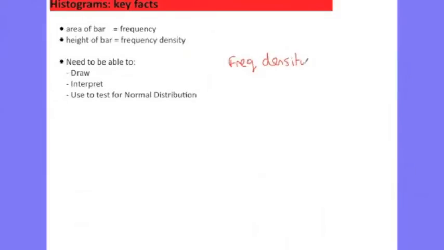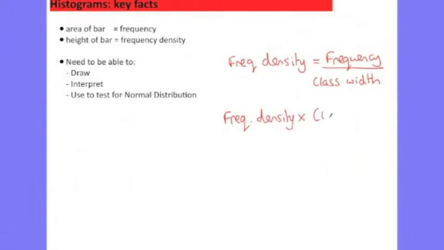You must know that frequency density is equal to frequency divided by the class width. Frequency density is equal to frequency divided by class width. Now we can rearrange that to say frequency density multiplied by class width is equal to frequency.